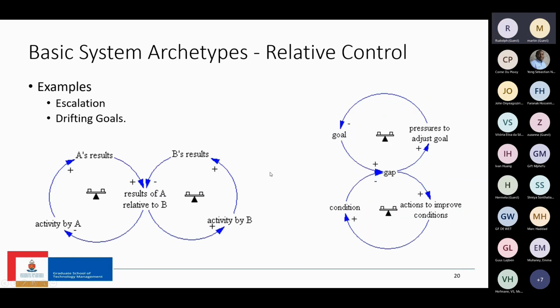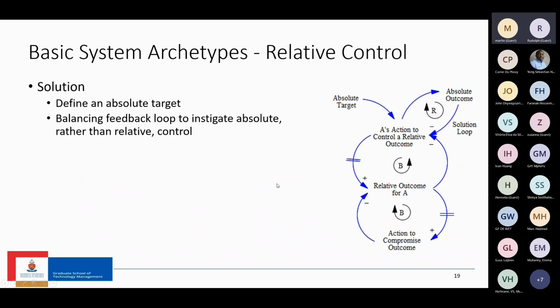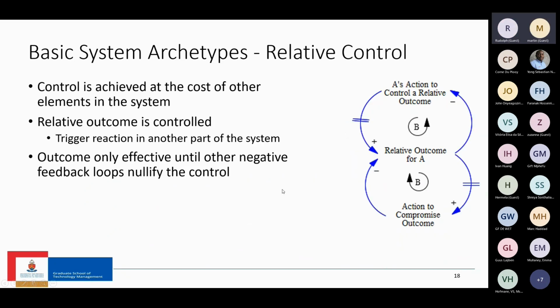And this is leading to the escalation. As one is increasing, the other one is increasing because of it, where the two are fighting each other, as well as you're drifting, the goals are drifting. So you are trying to control two entities relative to each other.